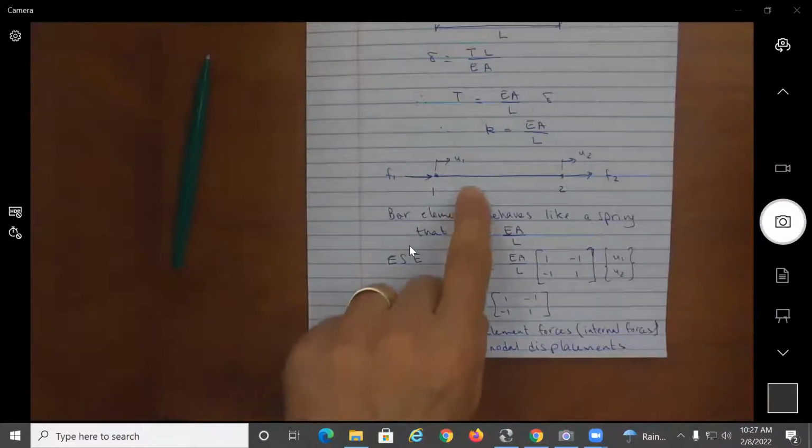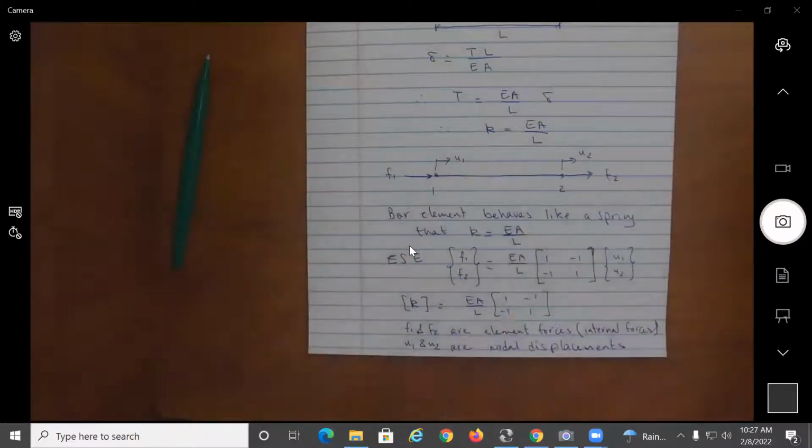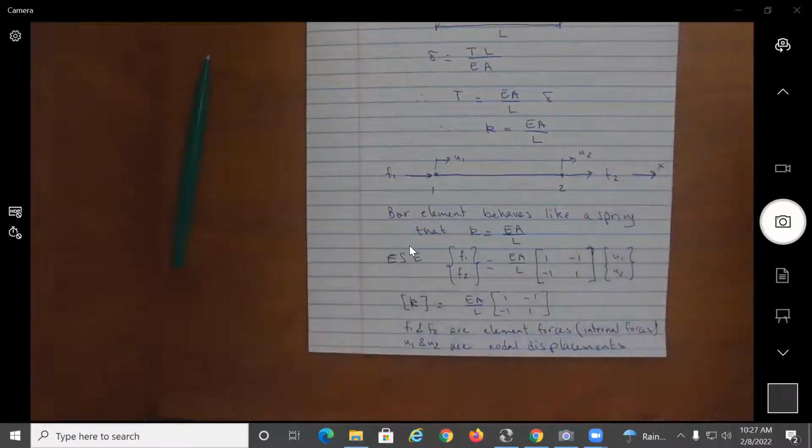But remember, this bar element can only elongate along the x-axis. So it's a 1D element, and we're also getting uniaxial deformation, only along one axis.